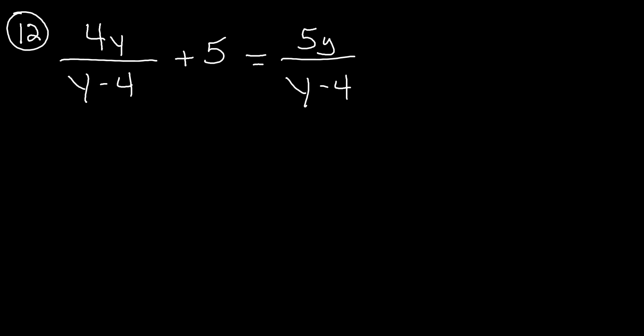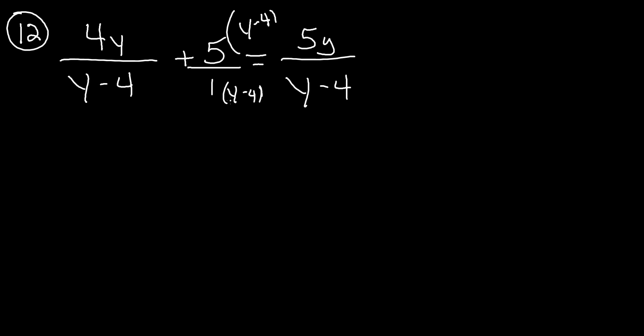All right, how about number 12? Let's see, I've got this equation. I see my denominators are y minus 4, so I'm missing the one in the middle here. It's over 1, right? So I'm going to multiply this 5 by y minus 4, as well as the bottom, just to see I got my denominators the same now.